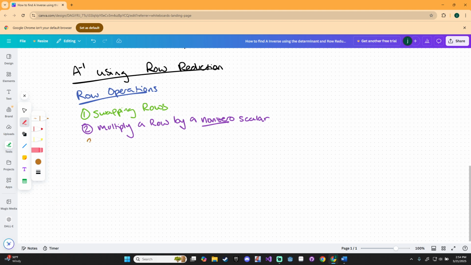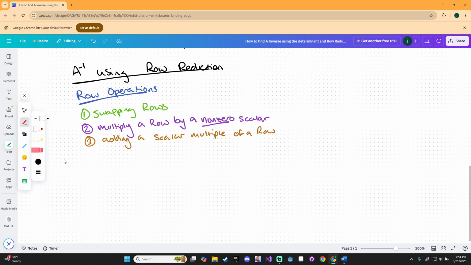And third, most often used, you can add a scalar multiple of a row to another row.